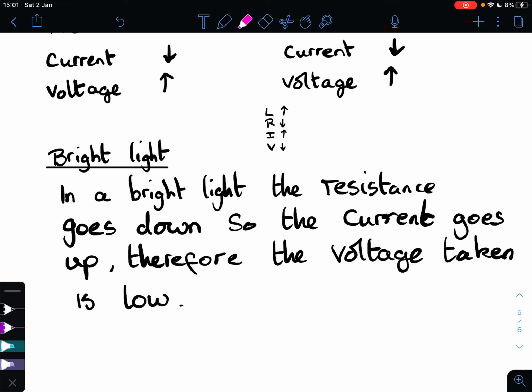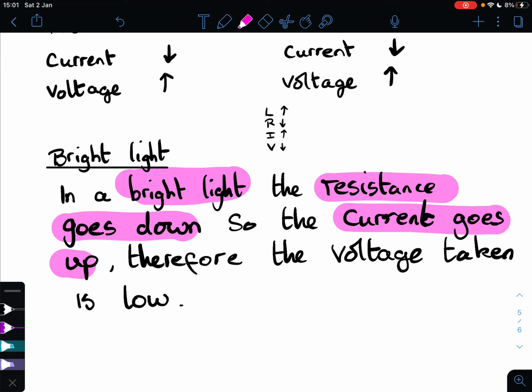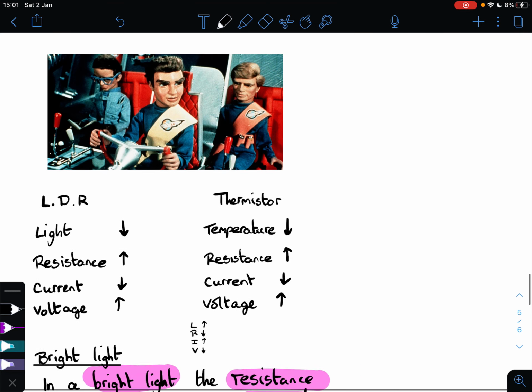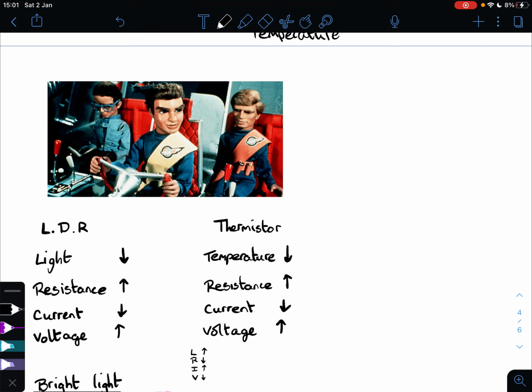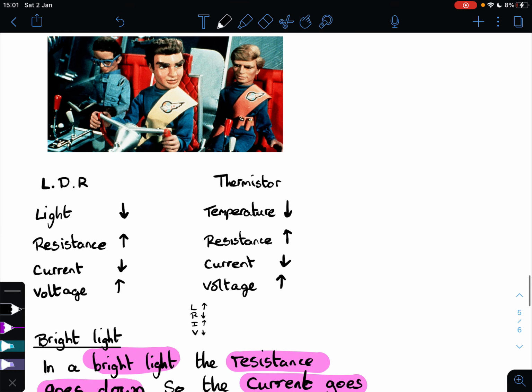And there we go. So we've got bright light, the resistance goes down, the current goes up, the voltage goes down. And that would be a good 3 or 4 mark question. Really easy to do. Just think Thunderbirds. And that concludes this lesson. Cheers.